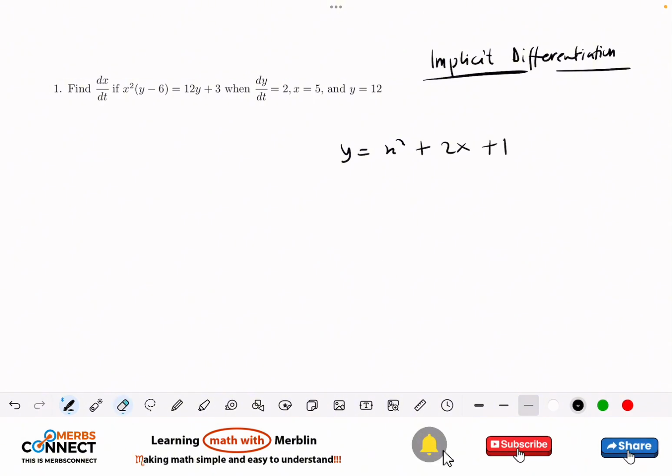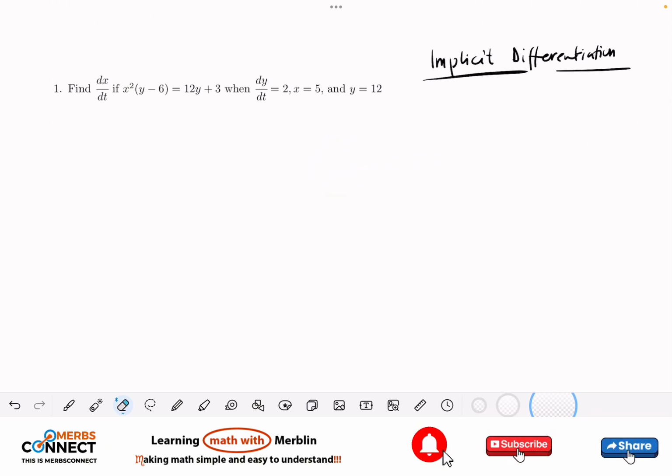But now with implicit differentiation, a function is in terms of y and also x, and we cannot make y the subject. Good. So that is the idea.